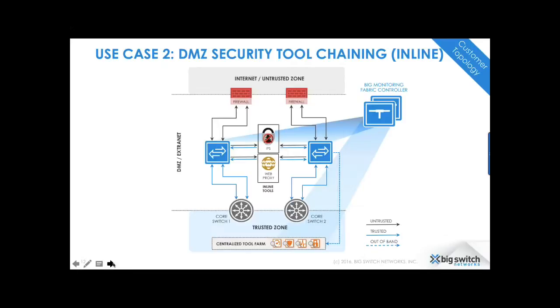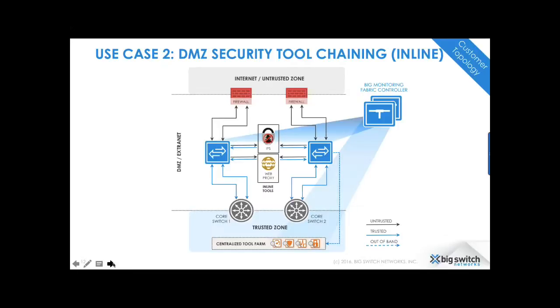So from the same Big Monitoring Fabric controller, using the same production switches that I mentioned earlier, rather than deploying it in an out-of-band mode where you're replicating production traffic and bringing it back to the tools, this is a different use case where you actually look at all the in-band or inline traffic going back and forth between your data center or network and the internet, and you chain the tools that the traffic has to go through.